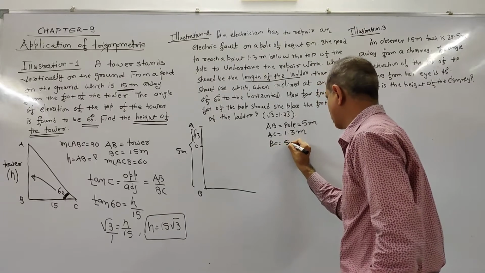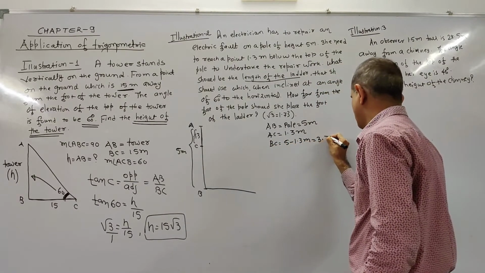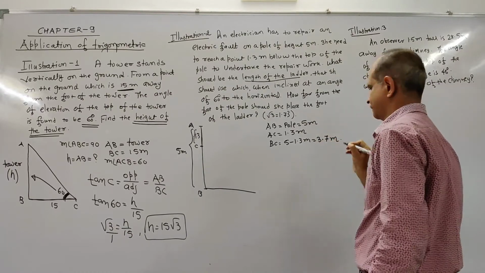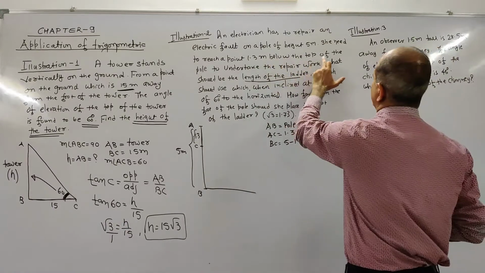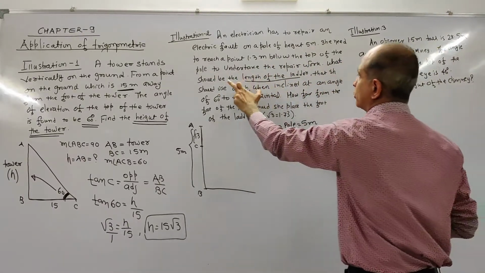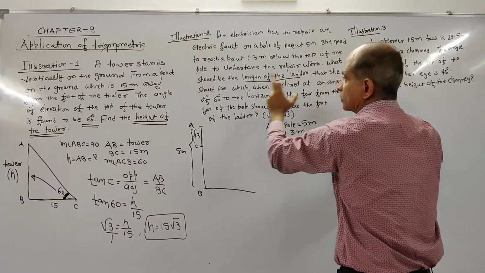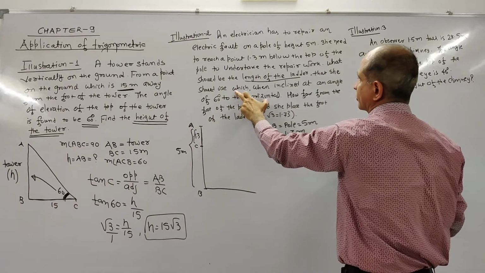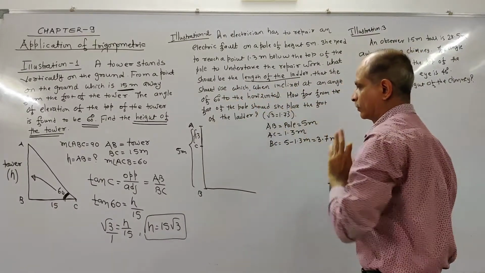BC is equal to 5 minus 1.3 meters, which is 3.7 meters. Now what should be the length of the ladder that she should use, which when inclined at an angle of 60 degrees with the horizontal?